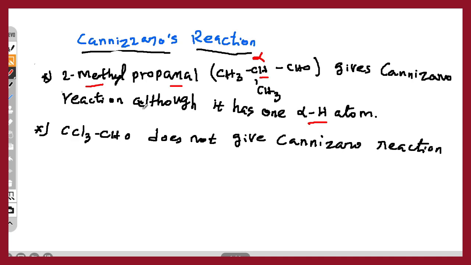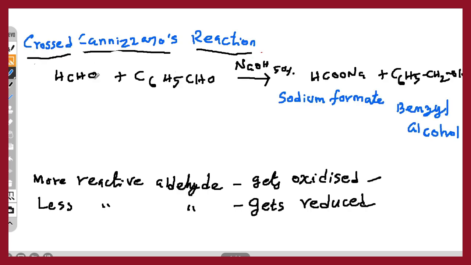Disproportionation means it simultaneously undergoes oxidation as well as reduction. See, formaldehyde is oxidized to form sodium formate, and benzaldehyde is reduced to form benzyl alcohol. So this is a crossed Cannizzaro reaction.